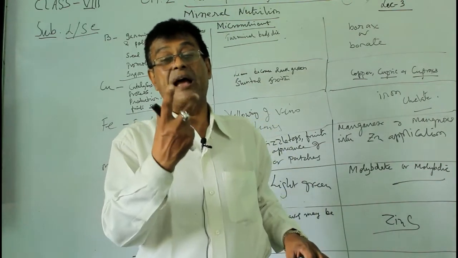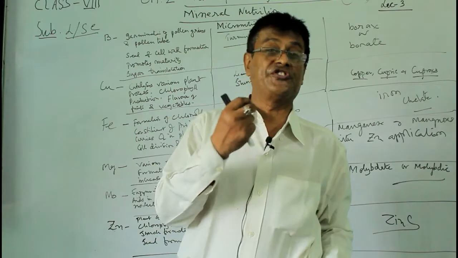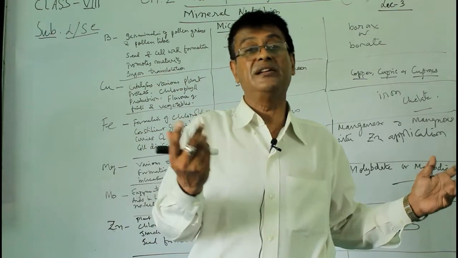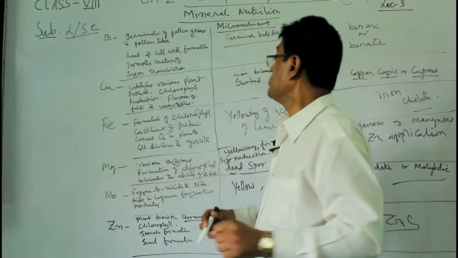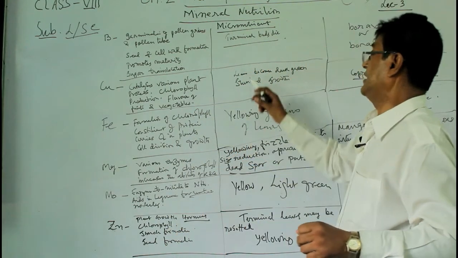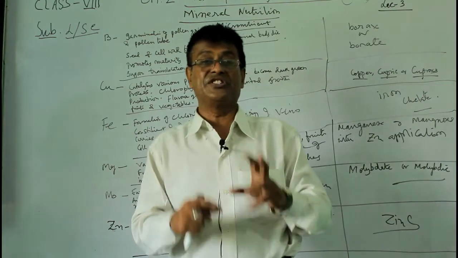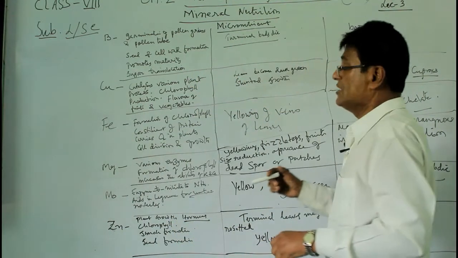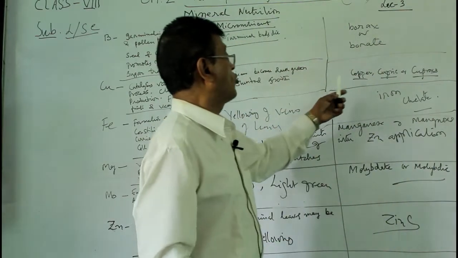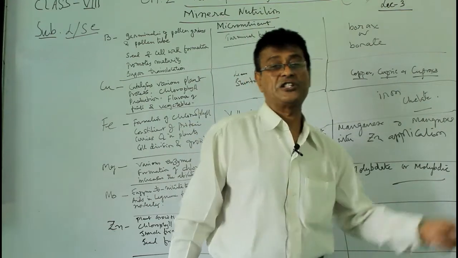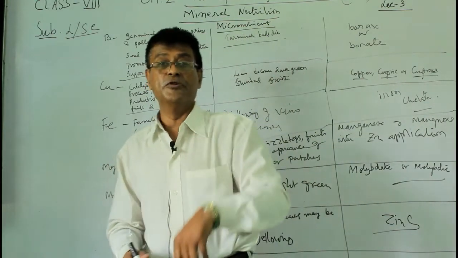Remember, if the mango does not have the copper trace, then the mango's flavor would not come out. Well, so what will be the deficiency? The leaves become dark green and the growth becomes stunted, meaning reduced. What is the remedy? The remedy is that cupric or cuprous chemicals are to be put.